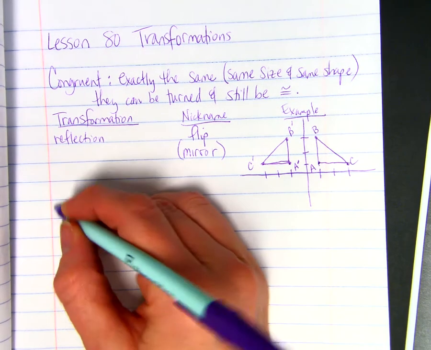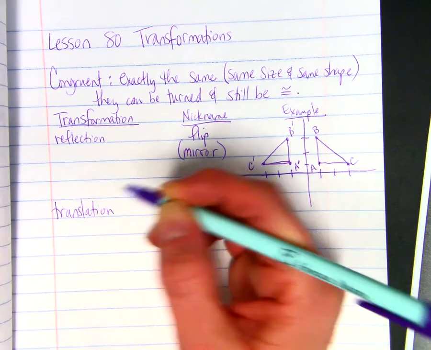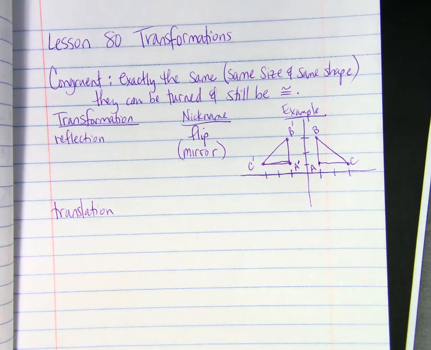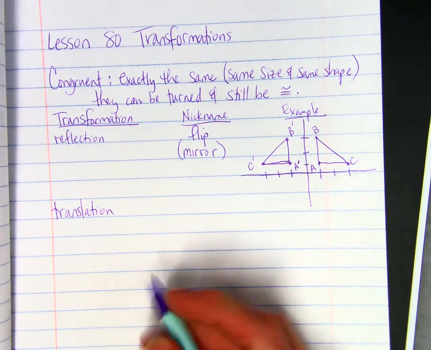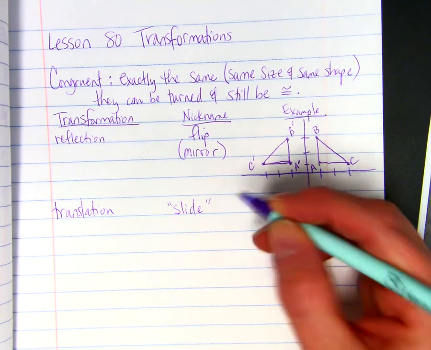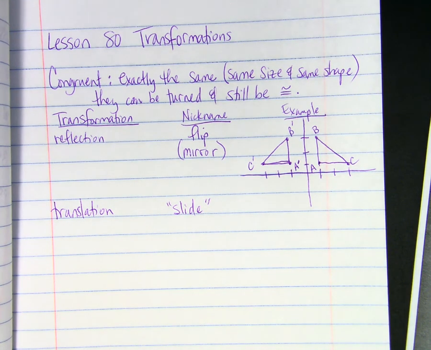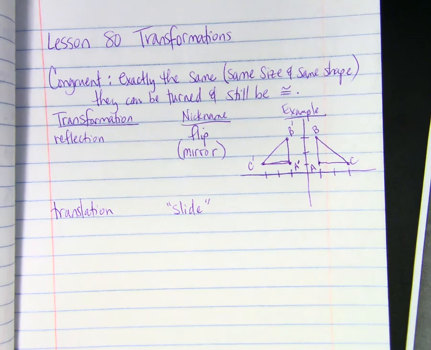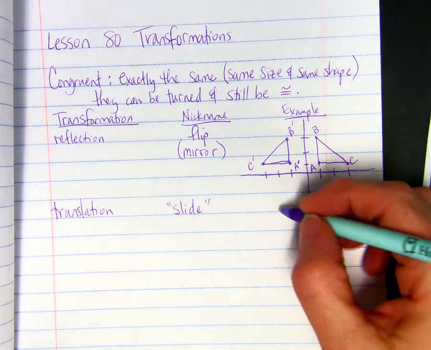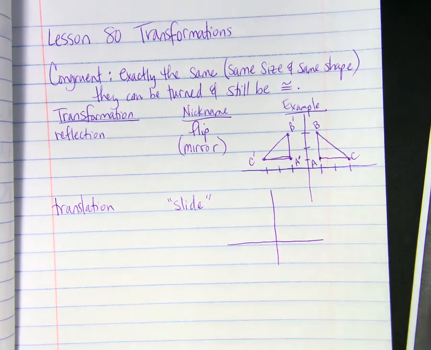Then we have one that's called a translation. This is the one, to me, that is harder to remember the word with the example and what it means. The street name is slide. So it's basically you're taking a figure and sliding it. We usually say along a vector. That just means you're sliding it so many to the left, so many down, or whatever. So on the coordinate plane, this time we're not going to do any specific points.